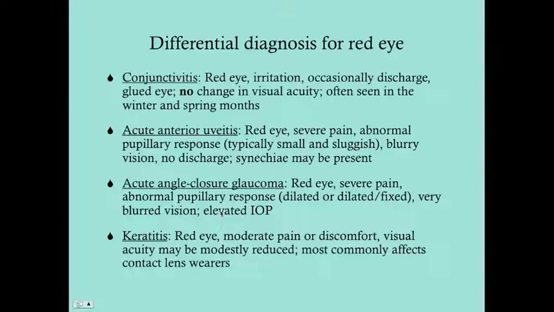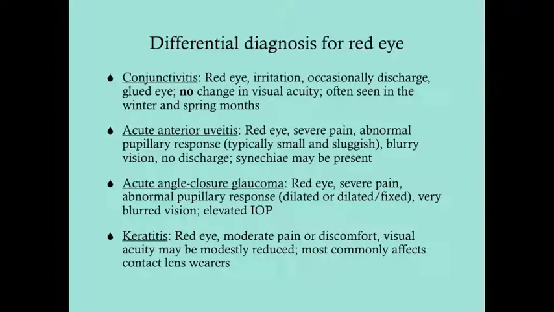In addition, with glaucoma, the patient is going to have an elevated intraocular pressure. There's an instrument you can use to measure the intraocular pressure as long as you use some local anesthetic, and that will help you diagnose glaucoma.